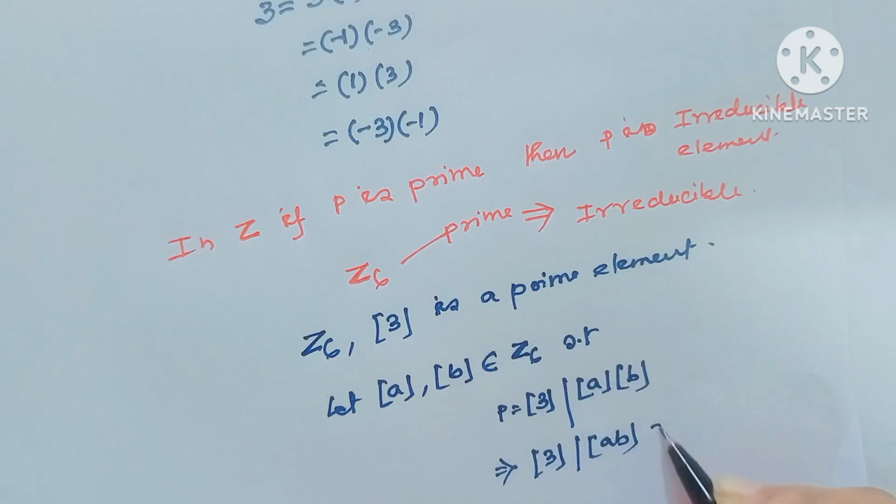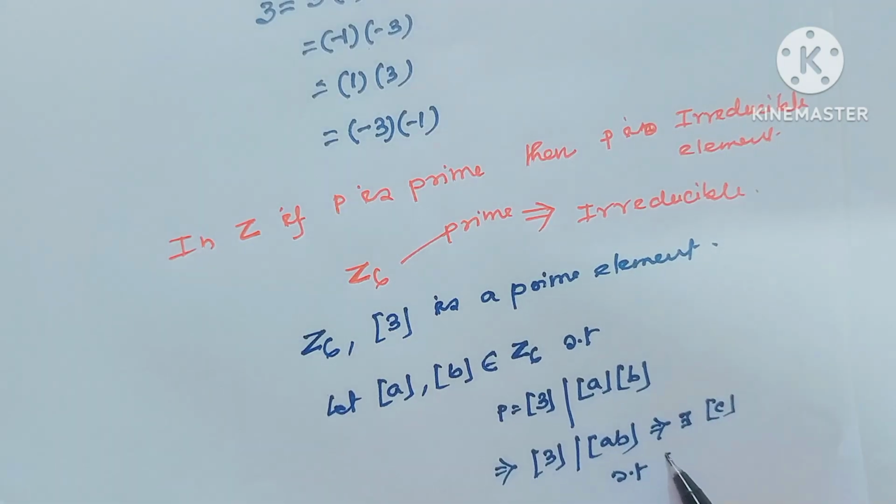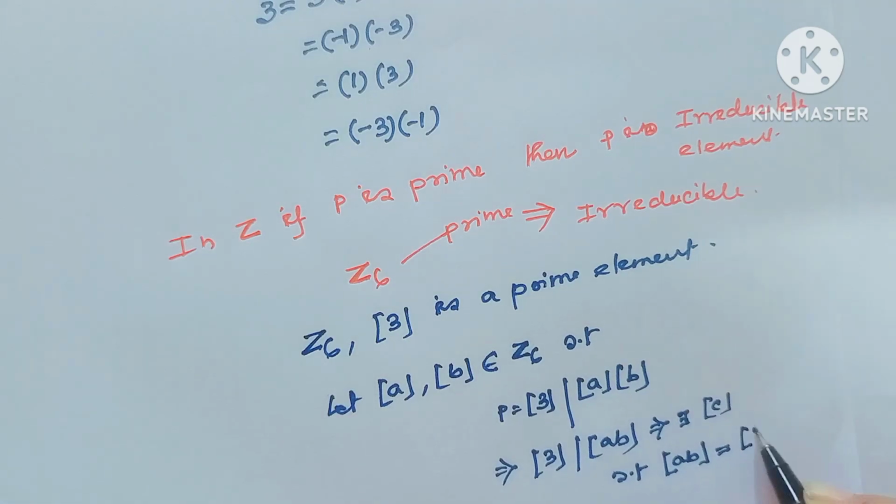Then by definition there exists class C such that class AB equal to class 3C.